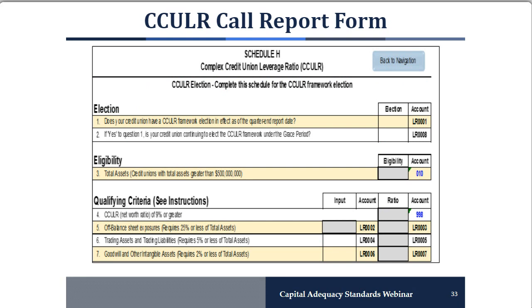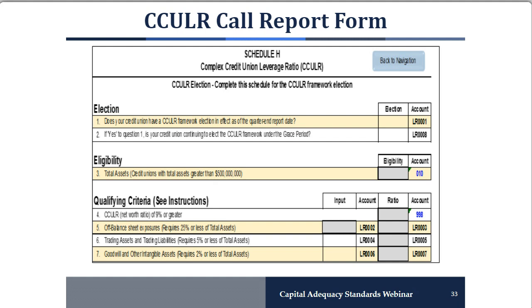The credit union will answer questions 1 and 2 if their asset size is $500 million or higher. If a complex credit union does not opt in or does not qualify, they must complete Schedule I for RBC.